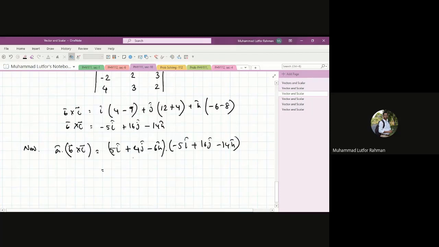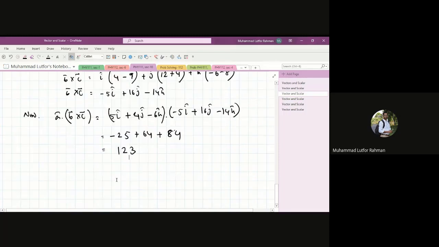This is a dot product, so I dot I survives, but I dot J and I dot K vanish. Similar terms cancel each other out. Then it's going to be minus 25 plus 64 plus 84, from 6 into 14. You will find this will be 123. This is the answer, a scalar quantity.